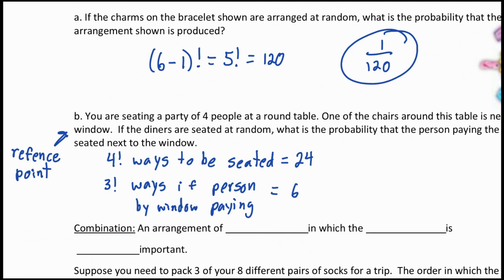So if the person by the window is paying, out of the total number of options, then there's a 1/4 chance that the person by the window is paying. Does that make sense? Okay. So again, when we have a reference point, that previous rule of n-1 goes away. Do we understand that? Because switching them around changes the order because we have a point of reference.